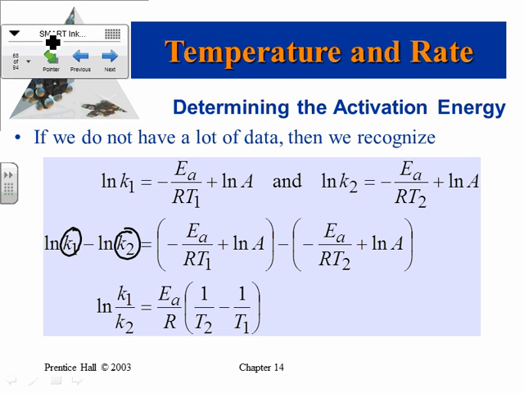So they give you k1, k2, T1, and T2. They tell you what the A is here, and then they ask you what's the activation energy. That's not the kind of question you're going to get here.